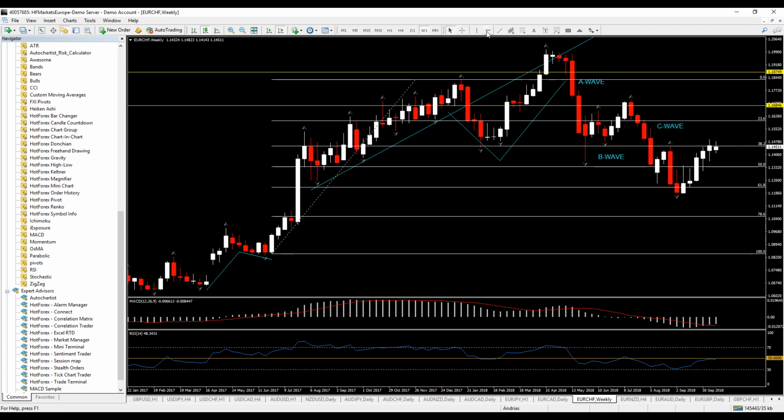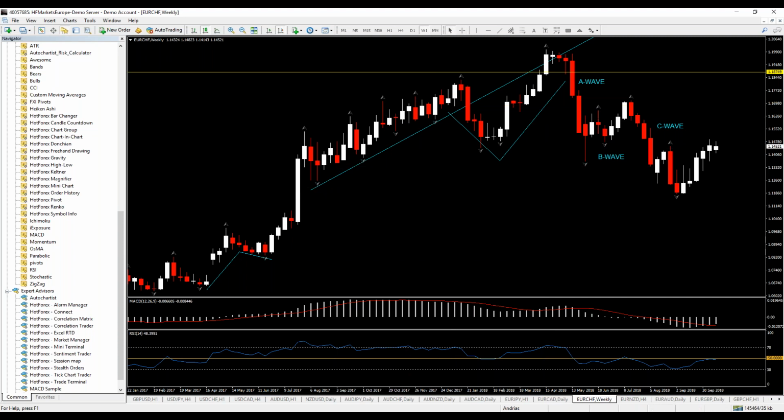So your target could be set on the 23.6 or closest to 38.2. It's risky to put your target on 50%, because wave 4 might never be more than 50% of wave 3.